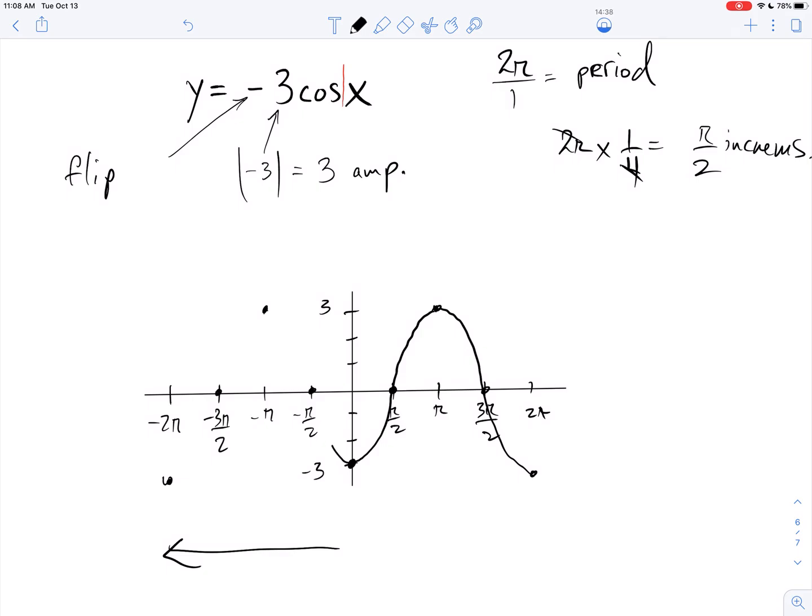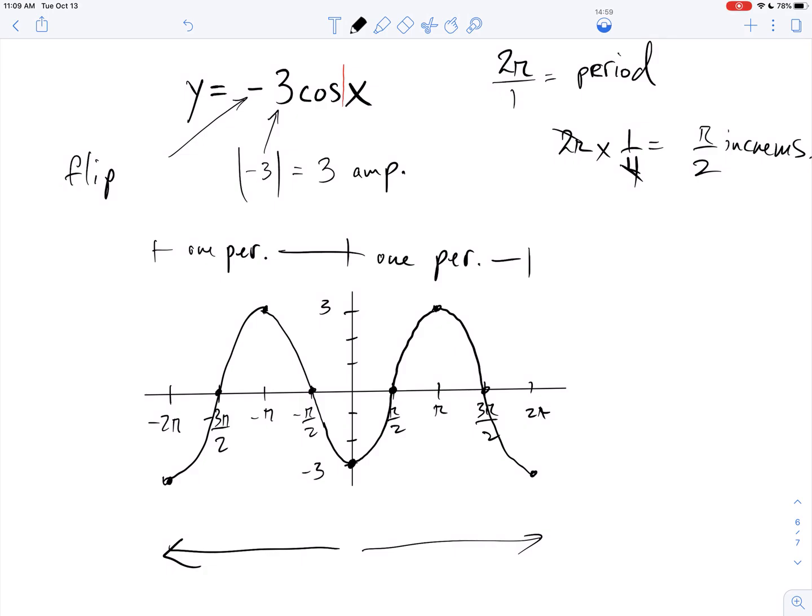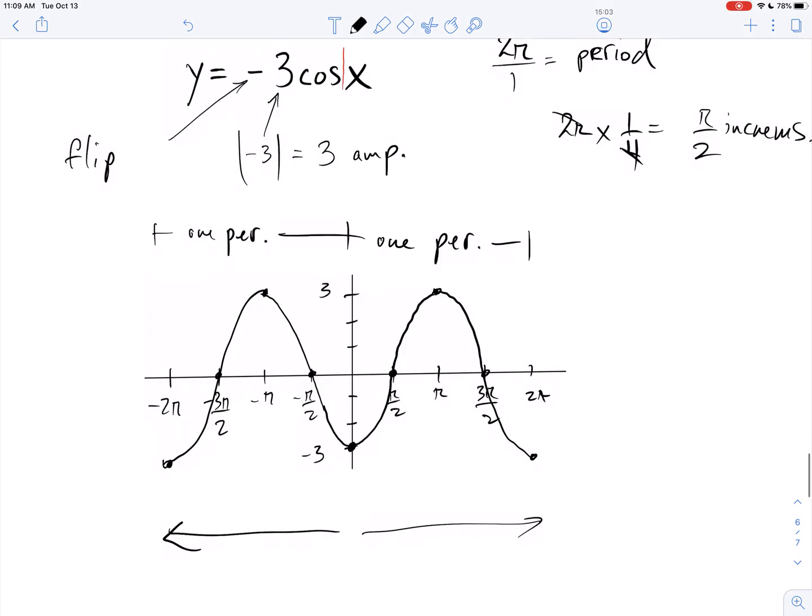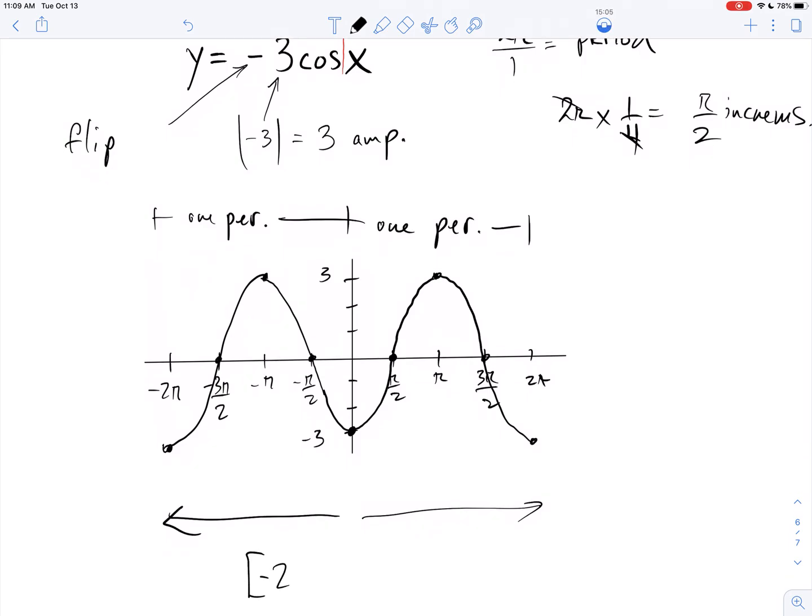And we just keep this flow as we graph this function. And there you go. That is 2 periods total. 1 period is on this side. 1 period is on this side. That's how the answer key is written in our book. And that is over the interval negative 2 pi to 2 pi.